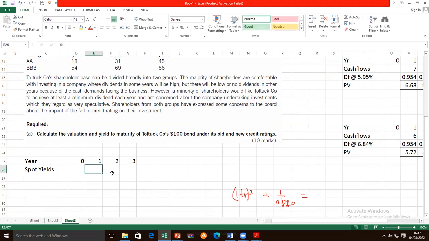This is your 0.0482, this one was your 0.0595, 0.0684. So these are the yields that you have calculated.